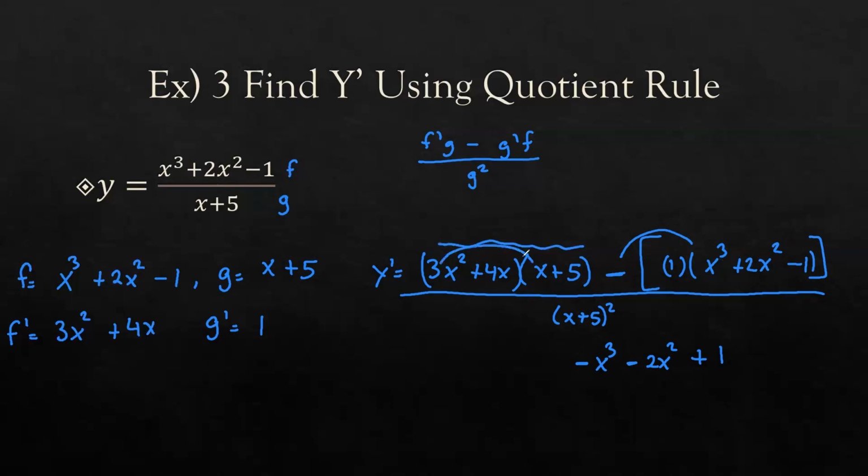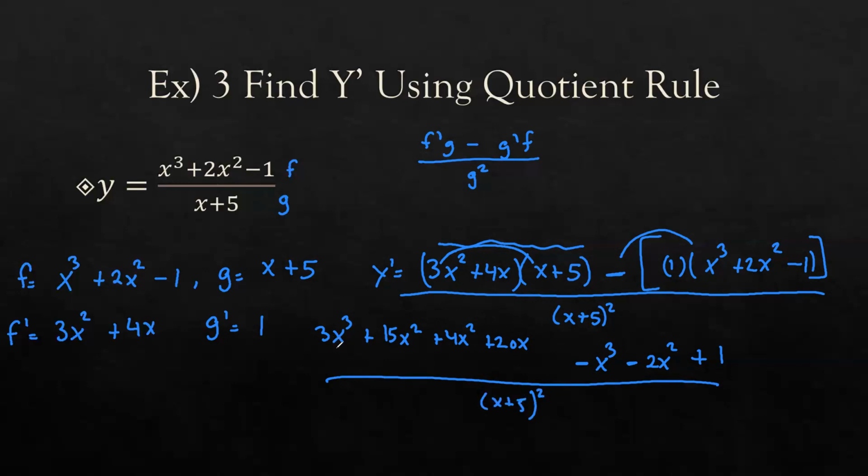So this would be 3x cubed plus 15x squared plus 4x squared plus 20x, and then it's all over x plus 5 squared.